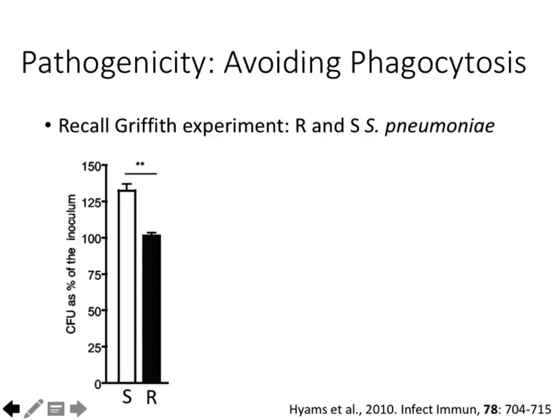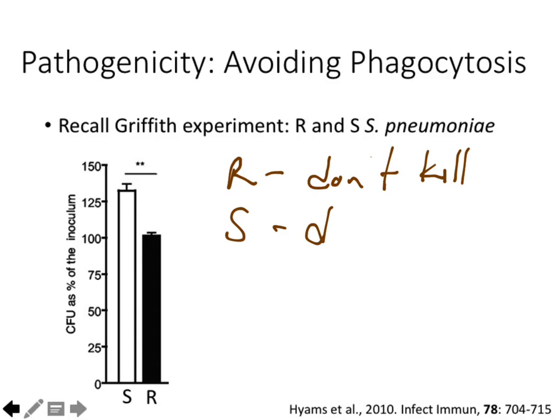Those with the rough phenotype don't kill the mouse, and those with the smooth phenotype do kill the mouse. Does anybody remember what the difference between the rough and the smooth-looking ones were?